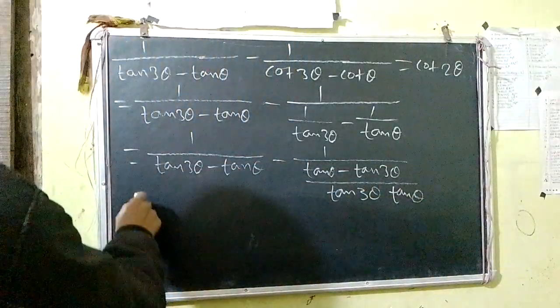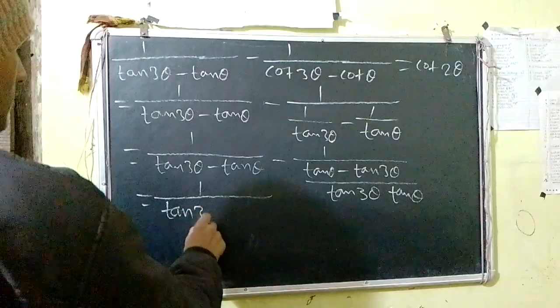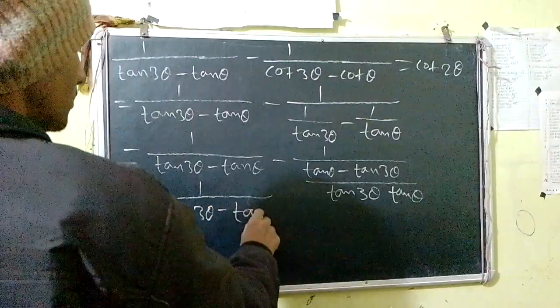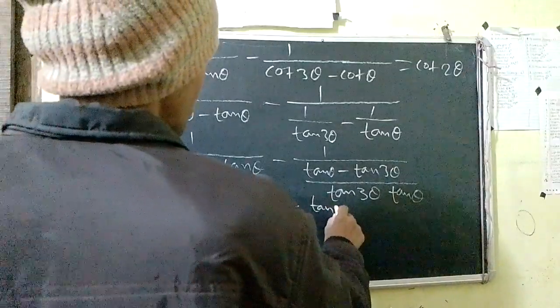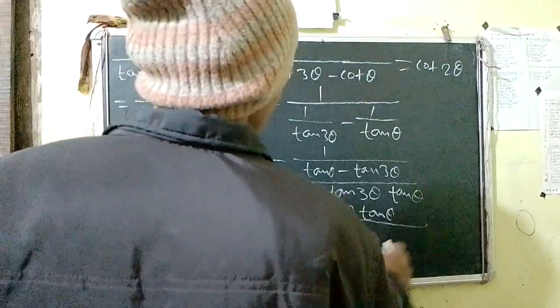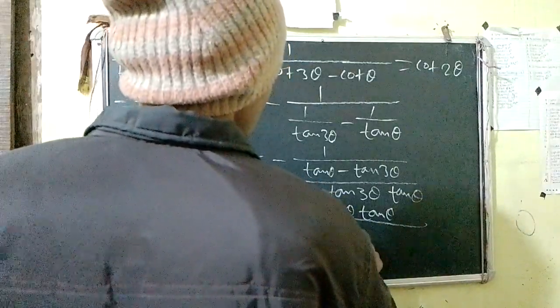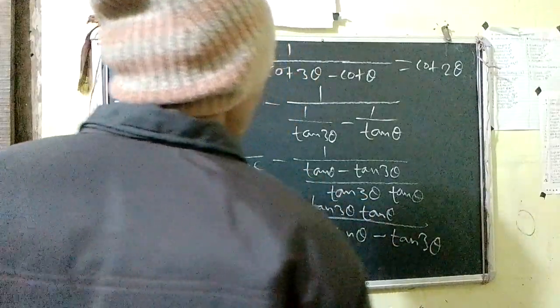It's going to be this, and this becomes equal to 1 over tan 3 theta minus tan theta, minus tan 3 theta tan theta divided by tan theta minus tan 3 theta.